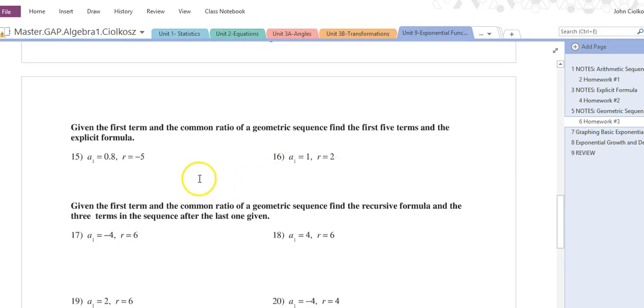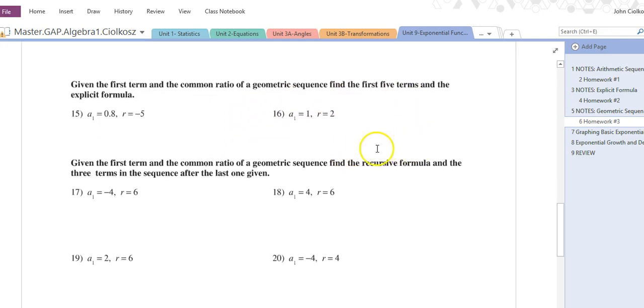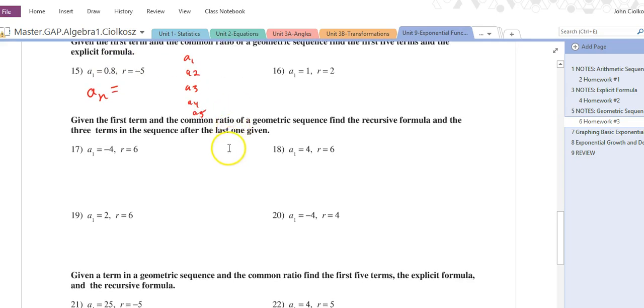Moving on down here. Given the first term and the common ratio, find the first 5 terms and the explicit formula. So here you're just going to write out your a sub n, and then you're also going to find that a1, a2, a3, a4, and a5. So just plugging in what we're given into our formula, and practice typing it into GeoGebra.